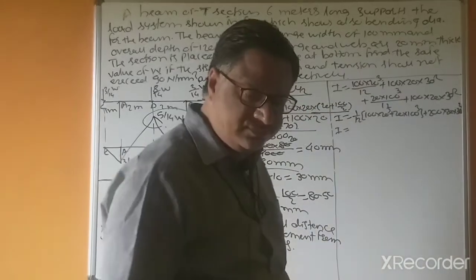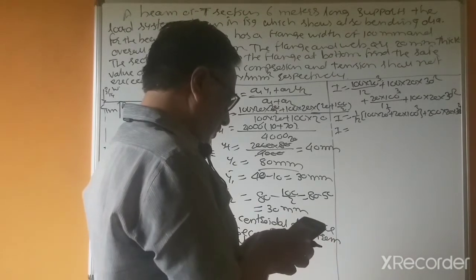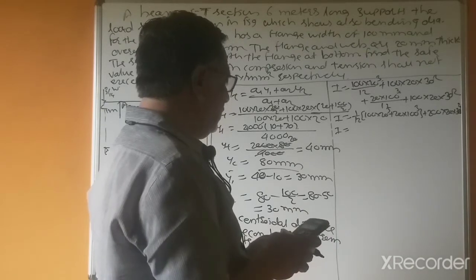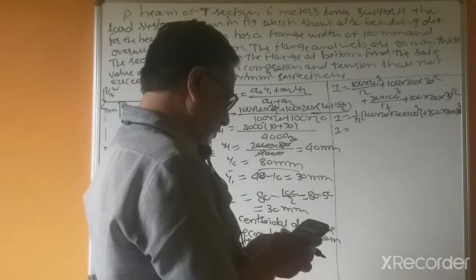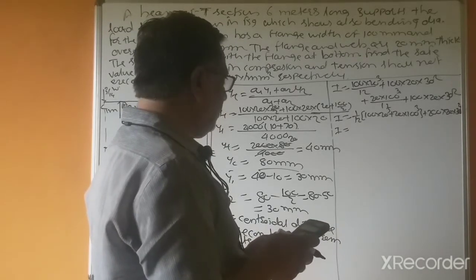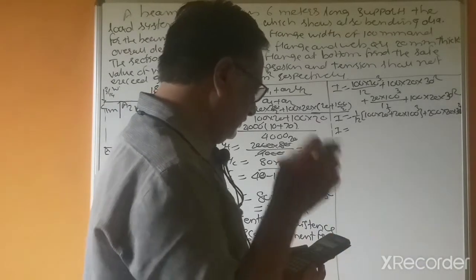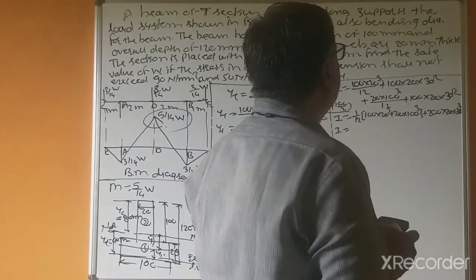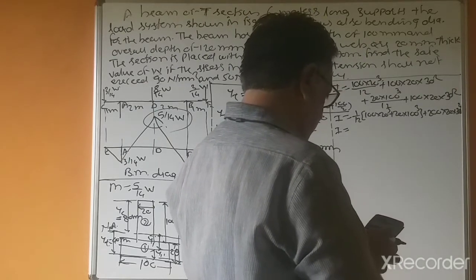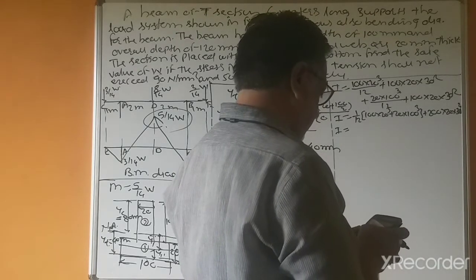So that's why 100 cube multiplied by 20 plus 100 into 20 cube divided by 12 plus 4,000 multiplied by 900.